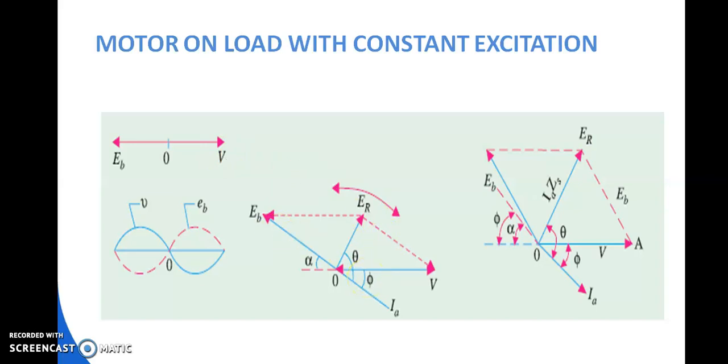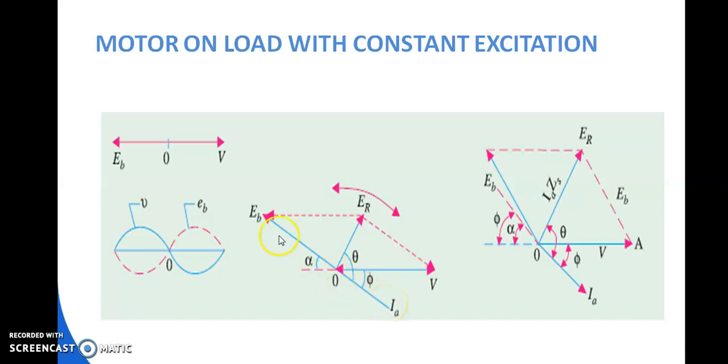when the motor is on load, this is the origin, this is the supply voltage V, and this is the armature current IA generated. This is the phase angle phi. Phase angle is the angle between the supply voltage and the armature current of the motor.